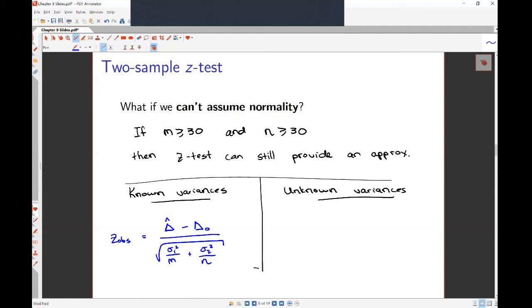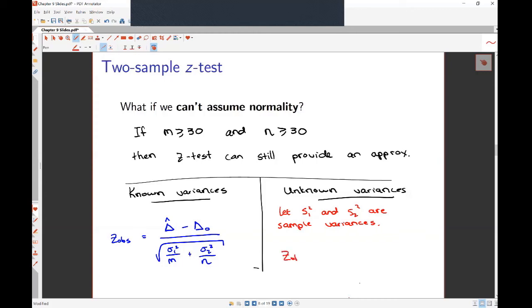If the variances are unknown, however, we have to use sample estimates. So let's just say S1 squared and S2 squared are the sample variances calculated in the usual way, the way we've always calculated them in this class.